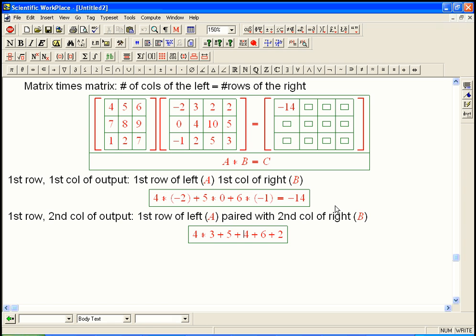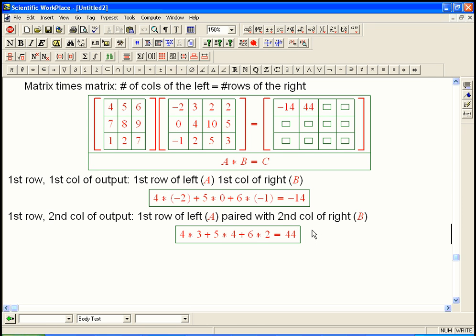Oh, those are times, sorry. Times 2, there we go. So the 4 and the 3 match the 5 and the 4, the 6 and the 2. And that is going to be 12 plus 20 is 32 plus another 12 is 44.